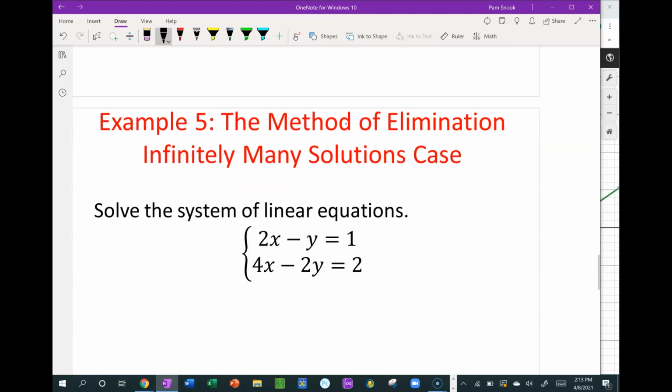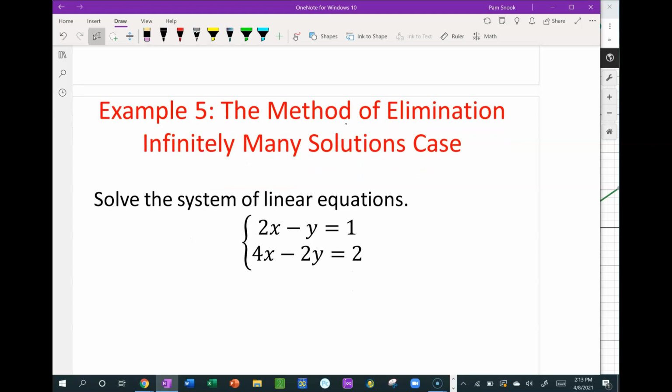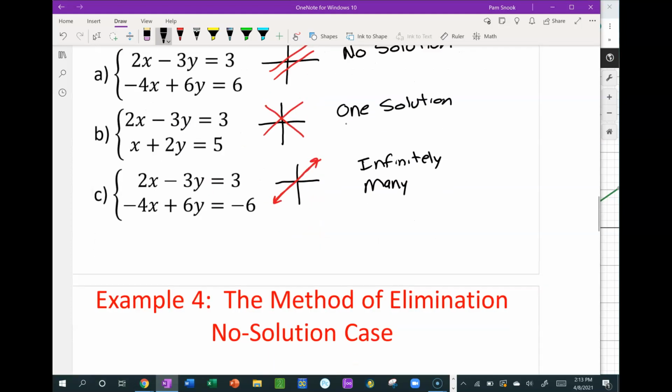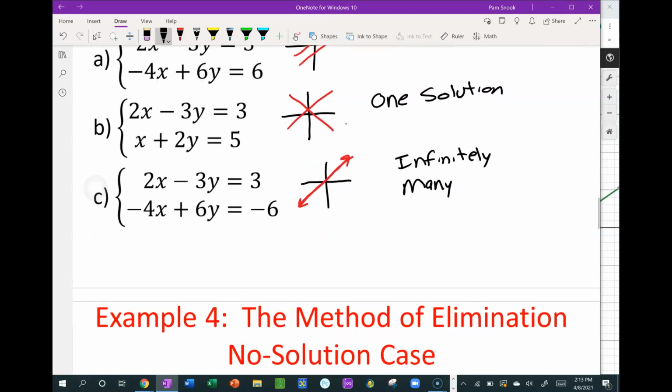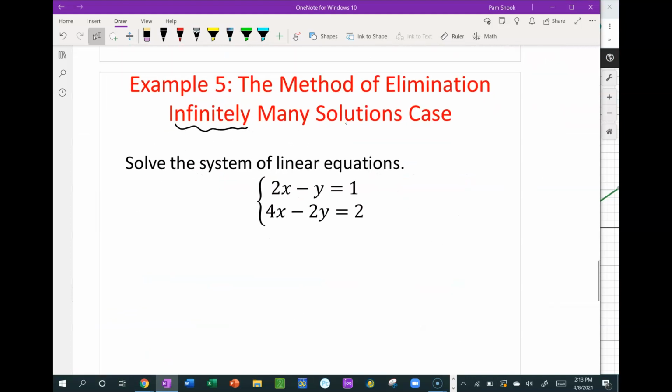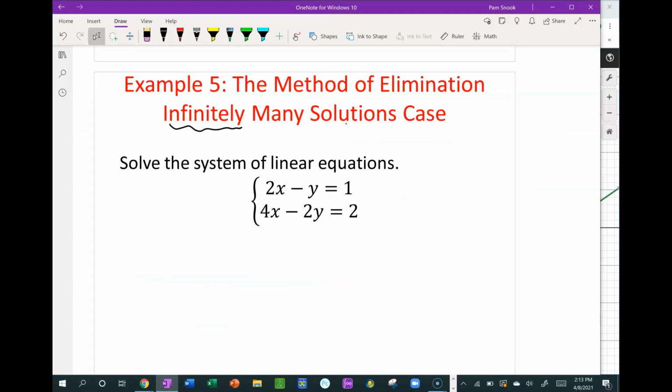Now let's look at another one. This time it's the method of elimination, but the infinitely many case. So if I were to graph these two, what I should get is like example C here, where the two lines lay down on top of each other. But we're not going to actually graph them. Let's solve them with elimination. I'm looking at my x coefficients, and I see I have a 2 and a 4.